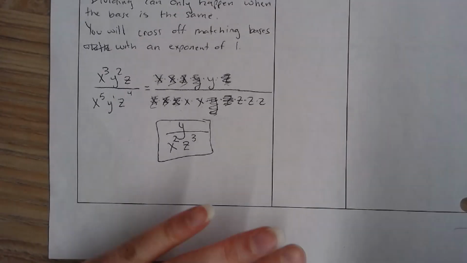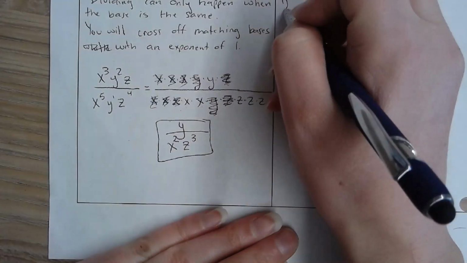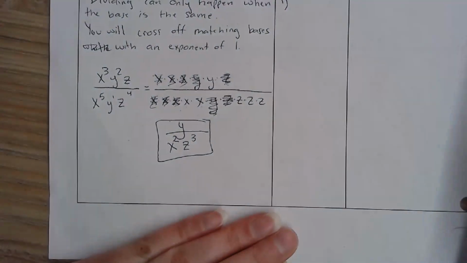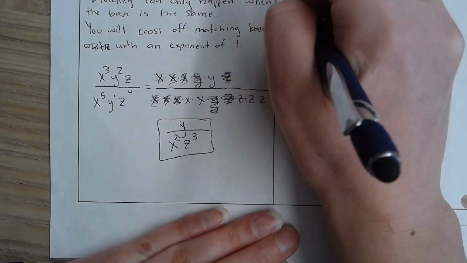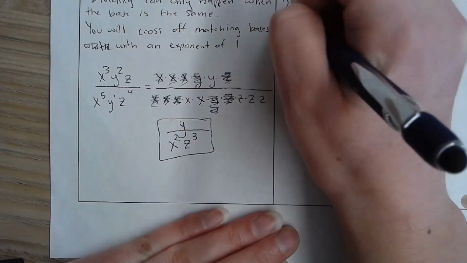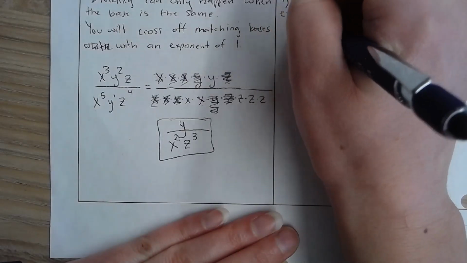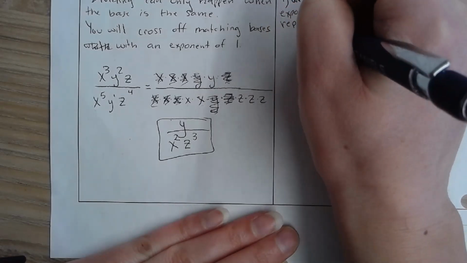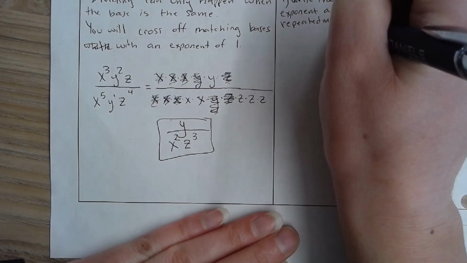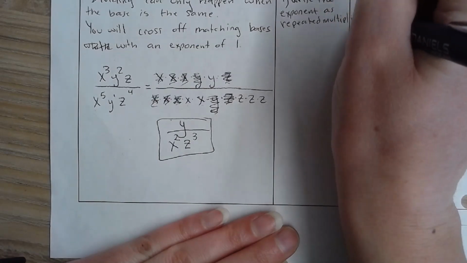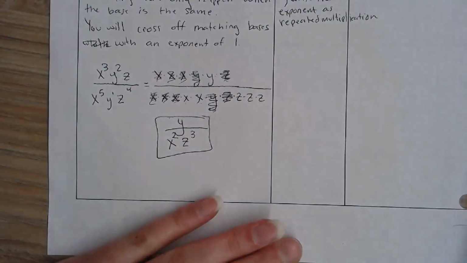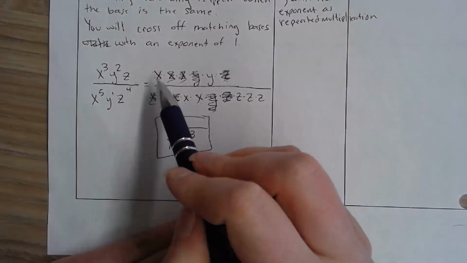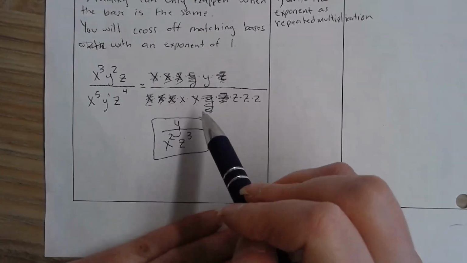Let's look at the step by step. So number 1, write the exponent as repeated multiplication. That is a long word. Okay, so that's what we did here. We wrote it out as repeated multiplication.